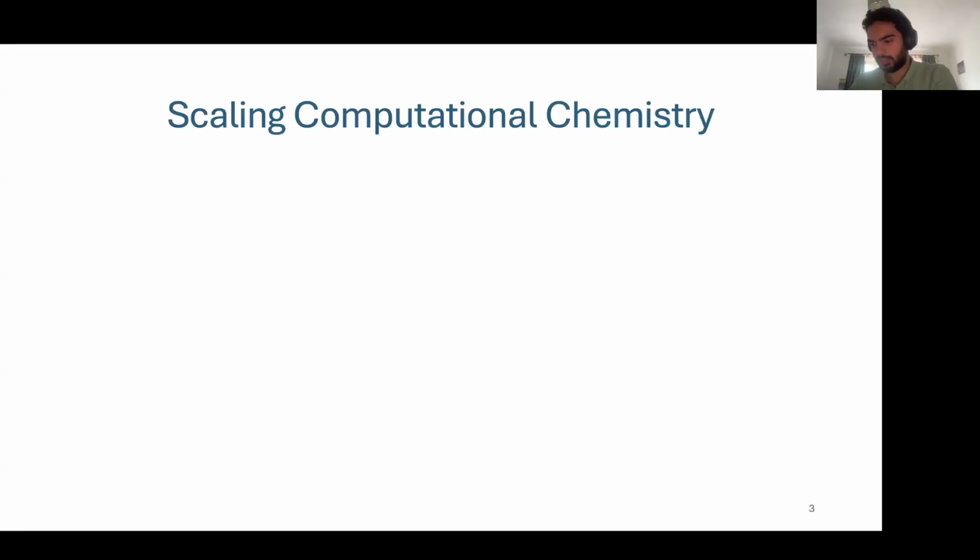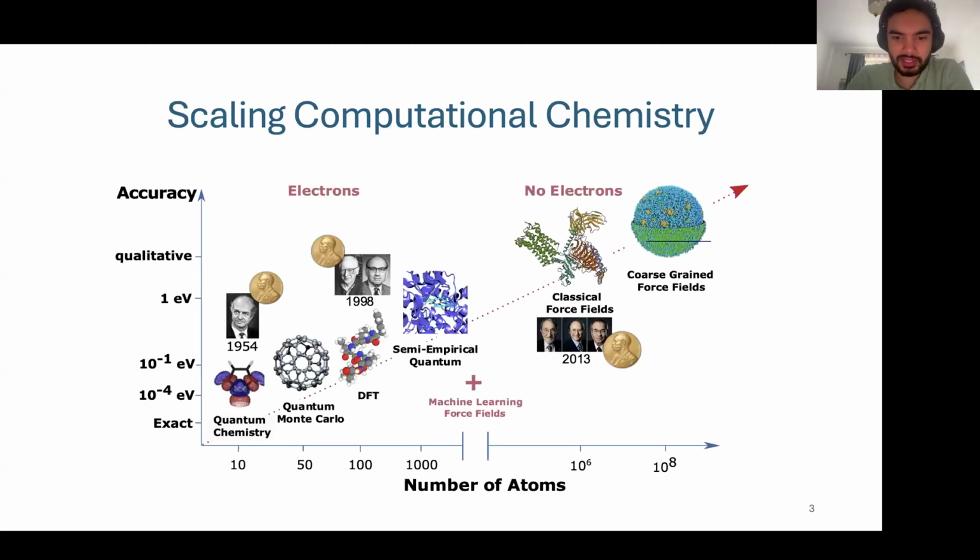So our goal is to scale up computational chemistry, and I always like to show this plot that shows the size of the simulation you can do to simulate matter, the number of atoms on the x-axis, and the accuracy that you can get out of this simulation.